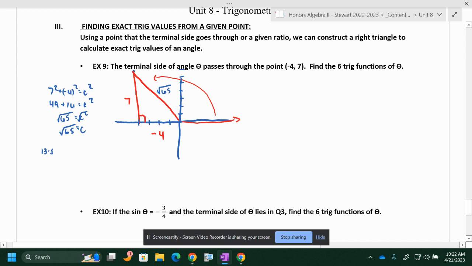So now knowing this, I can find each of those. So sine, think of it as my angle is here. Angle will always be in there. That's one of the reasons that we learned reference angles in the last video.